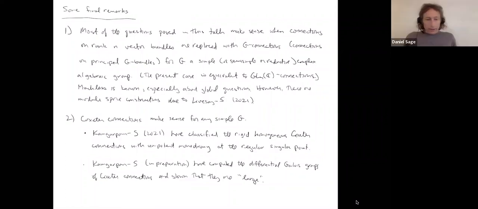Yes, I completely agree with that. Although a lot of my motivation to work on these questions comes from geometric Langlands, it doesn't mean that a lot of the work that other people have done is necessarily motivated by this.